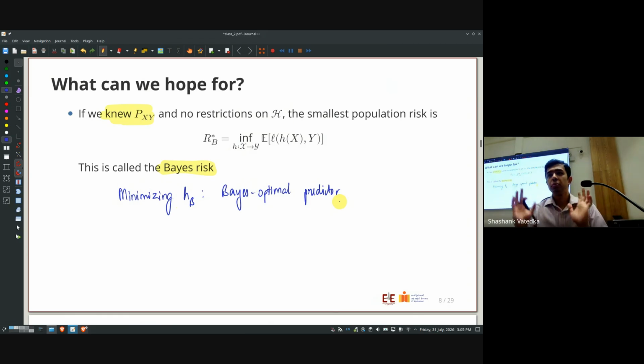Note that the Bayes optimal predictor is drawn for that specific Pxy, and therefore in general it's not realizable in practice. It gives you a bound: no matter what you do, you can't do any better than this.